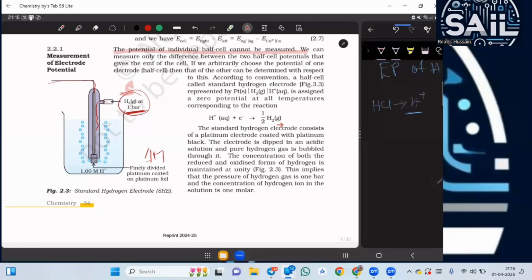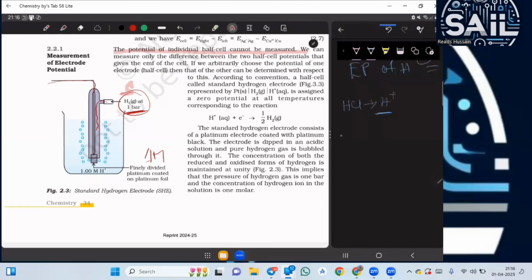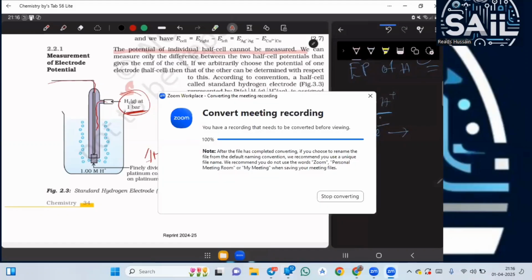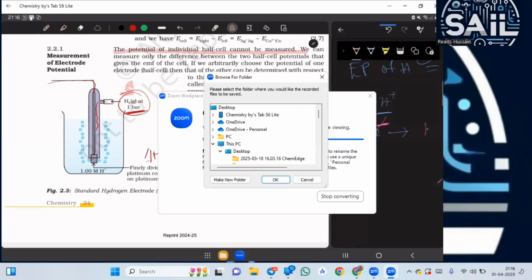We should not write just H. H plus gains one electron, and what do you think it becomes? Generally, you will think that here H plus ion is there, here one electron is there, this plus and minus get cancelled, and we get H. But we should not write hydrogen as monoatomic, because hydrogen is always a diatomic gas, H2.